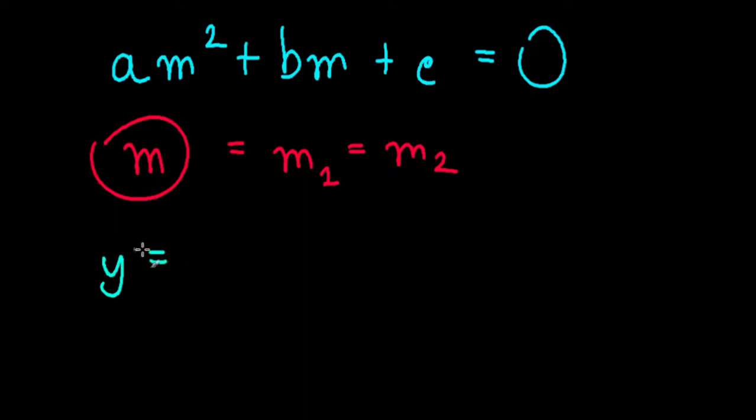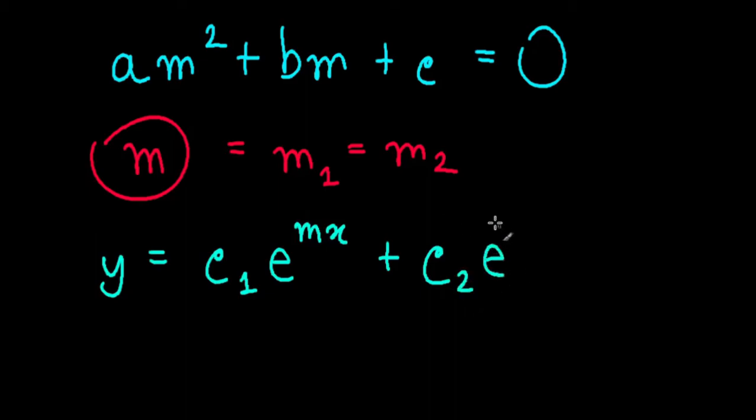It's going to be y equals c1 e to the power m1 x plus c2 e to the power m2 x. But again, m1 and m2 are the same, so I'll just write m multiplied by x.